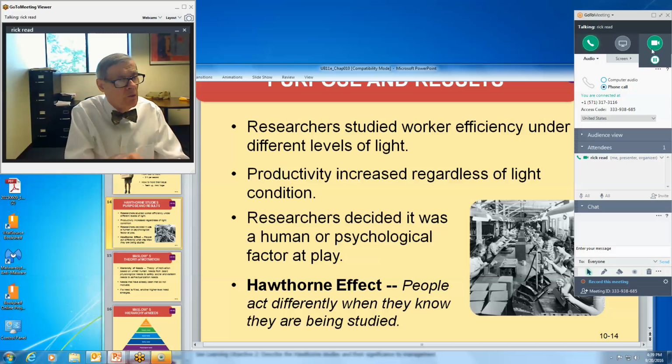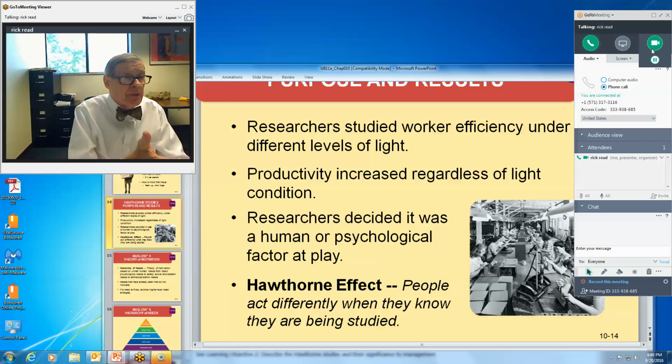What they found was that as they were working with these Western Electric employees, in a specific setting, they kept reducing the light until the light really became no more than what you would see if you walked outside and you had only moonlight.